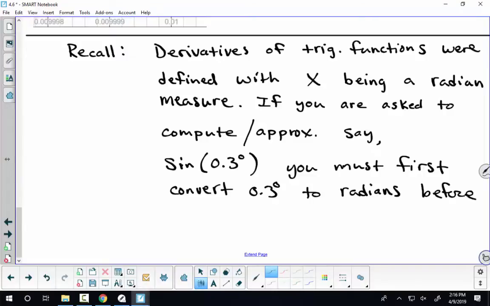So you convert into radians before you plug into the linear approximation. Okay, so just remember that.